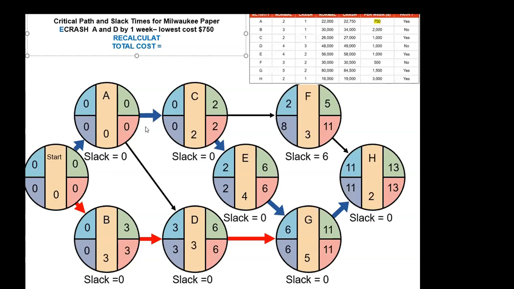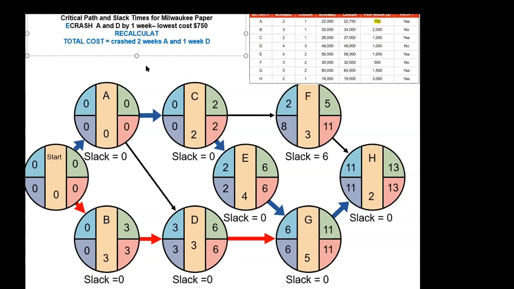Initially, we did 1 time for A. So up to this point, it's 2 times for A. So we crashed 2 weeks of A and 1 week of D. So that cost would be 2 times 750, is that right? 750 plus 1 time $1,000. So 750 twice is 1,500. That's $2,500.